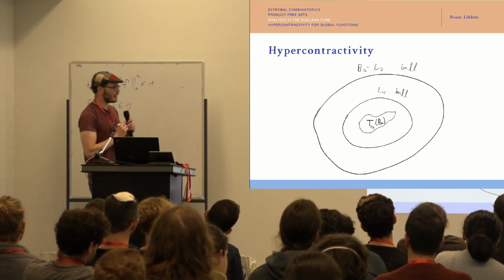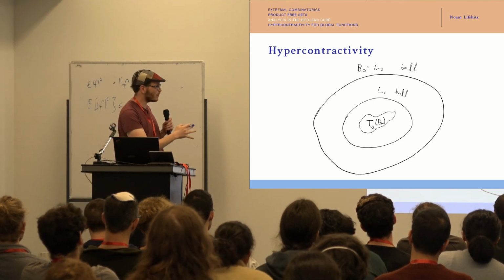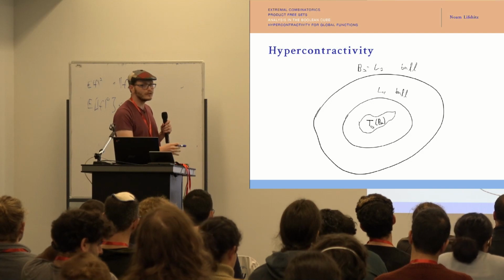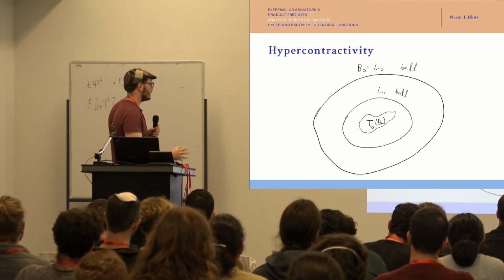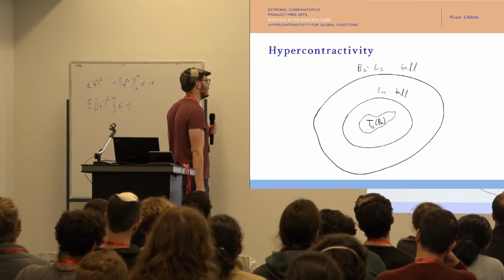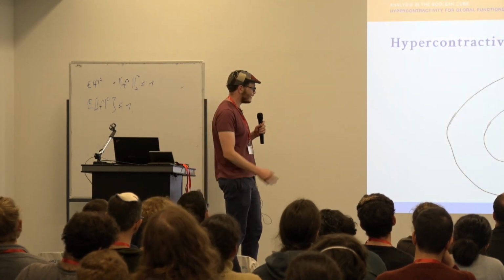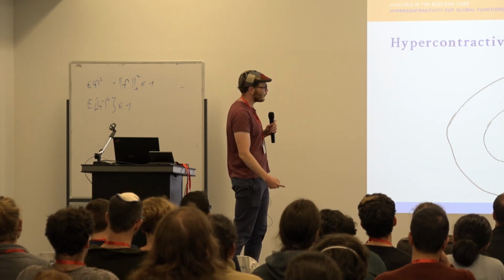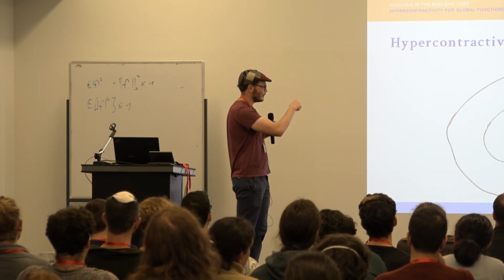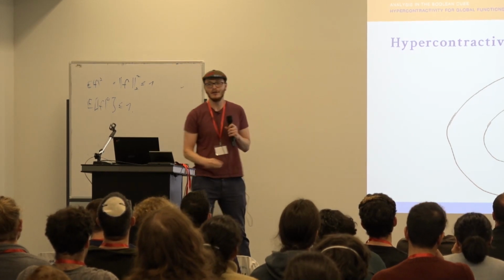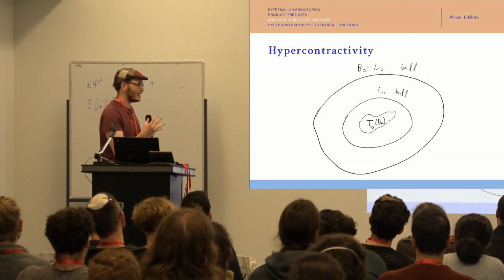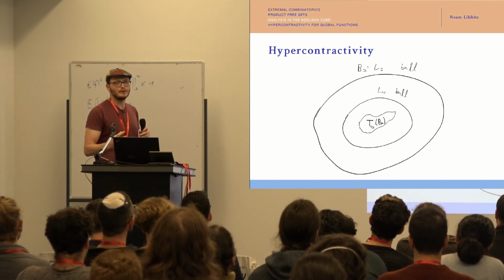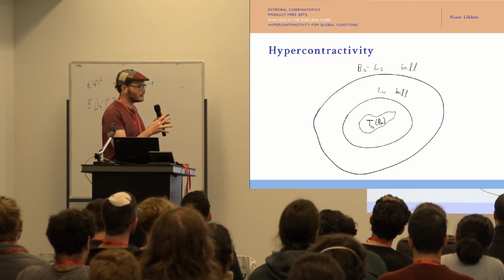It turns out that if you take a probability space, then the L4 unit ball is always contained in the L2 unit ball. But if you apply the noise operator, it's going to take this big unit ball and send it into the smaller unit ball. So it's not just a contraction. Contraction would tell you that you send an Lp ball to itself. It's a hypercontraction that tells you that you send big balls into small balls.